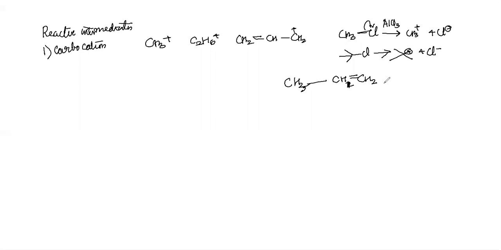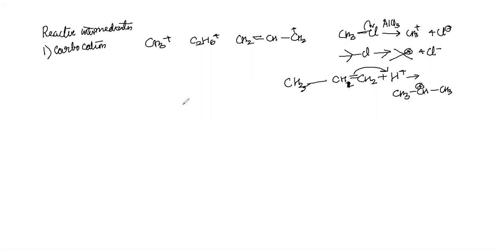So this is propene. If you treat propene with a little acid, see here, it will form a carbocation. You will get a carbocation on the central carbon, CH3 CH single bond CH3 with a positive charge. Okay, this is an example of addition reactions, which we are going to see later.